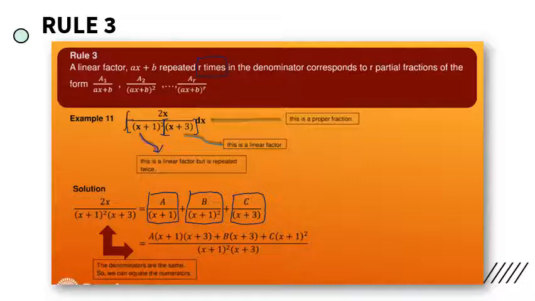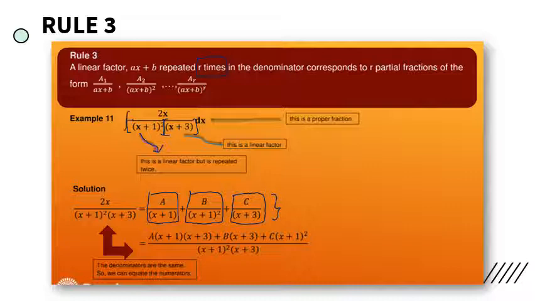So we do a cross multiplication of this partial fraction, and we get a times x plus 1 times x plus 3 plus b times x plus 3, then plus c times x plus 1 squared, divided by this denominator, x plus 1 squared times x plus 3.